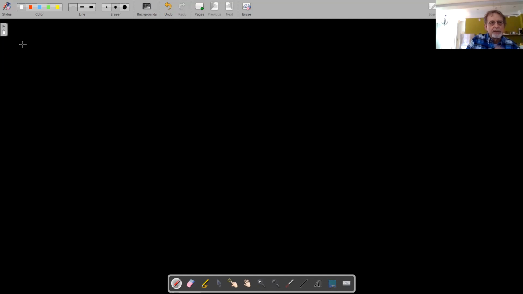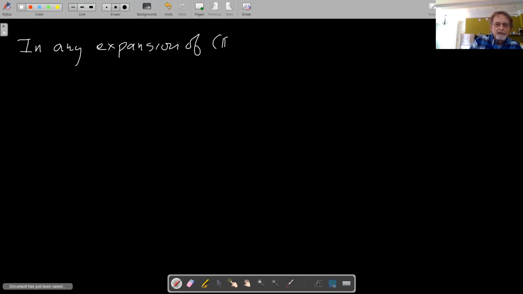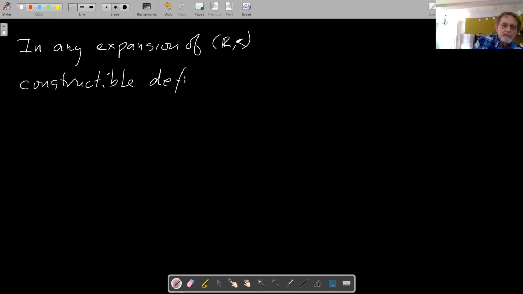I'll state it just over the reals, but in any expansion of the real line, there's no algebraic structure there, or there could be, but we're not requiring it. In any expansion of the real line, constructible definable sets are Boolean combinations of open definable sets.